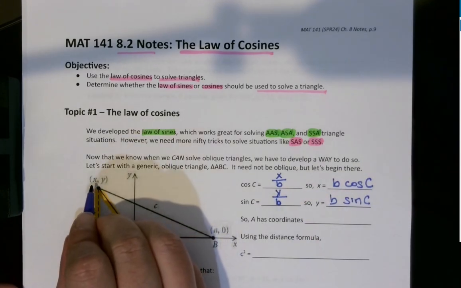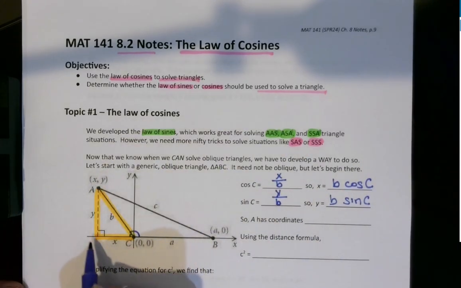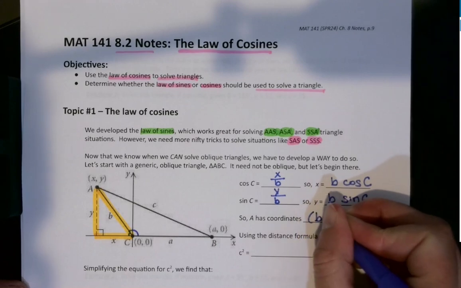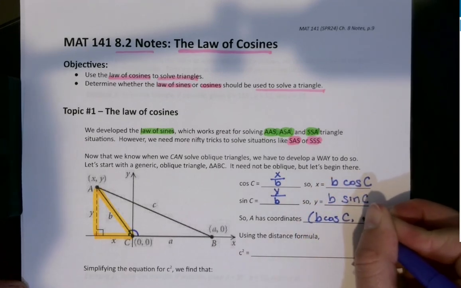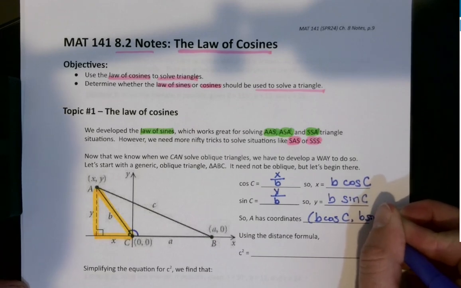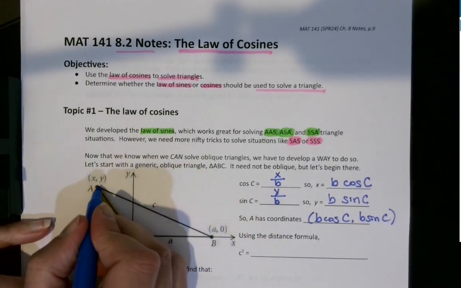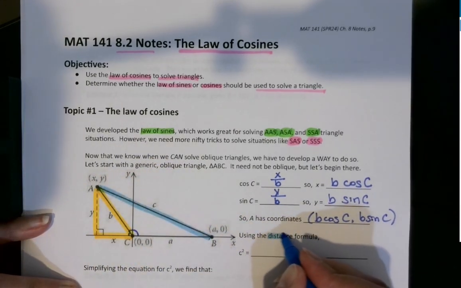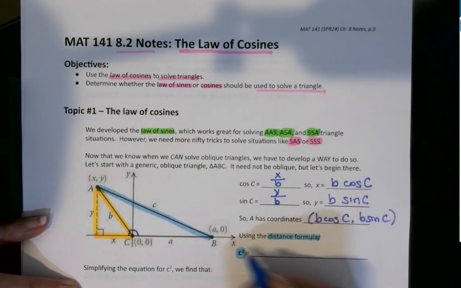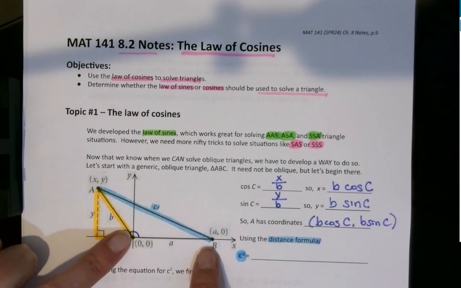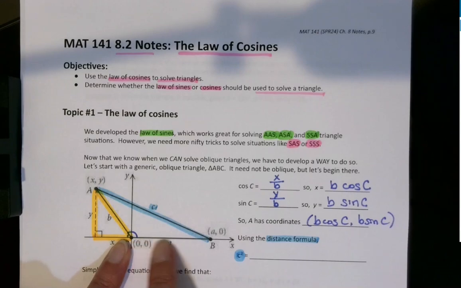So this point A right here, who had coordinates x and y, now has coordinates x, which is equal to b times the cosine of C, comma y, which is equal to b times the sine of C. Using the distance formula, looking now at the distance between points A and B here, we're going to find the distance c squared. The point B is going to be an ordered pair that has a, comma 0.